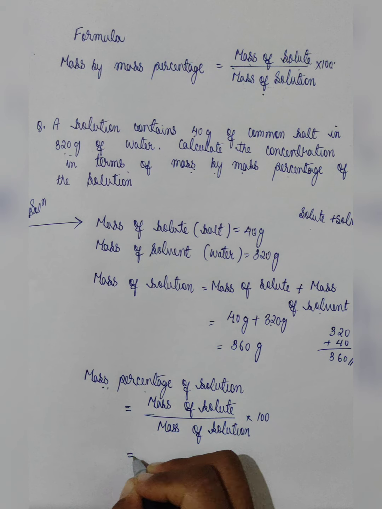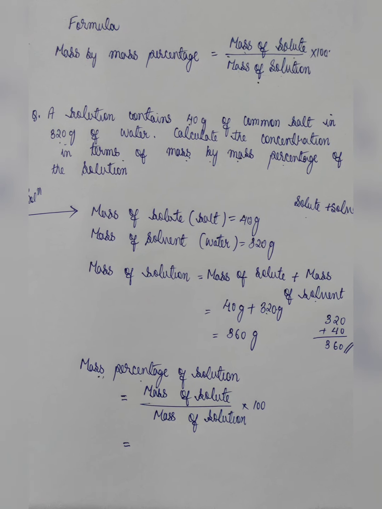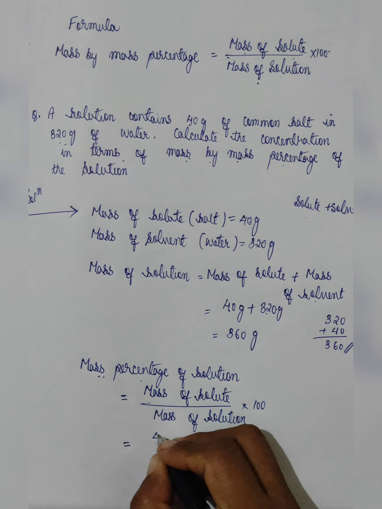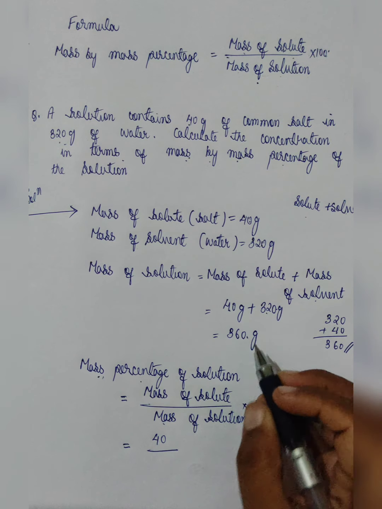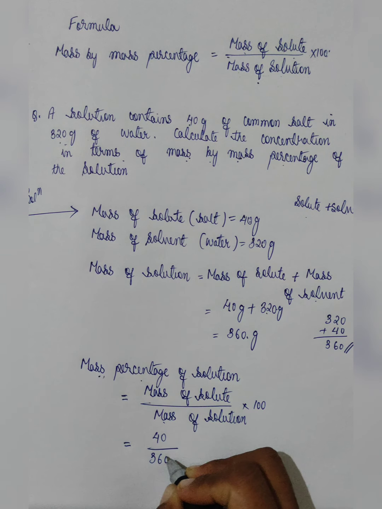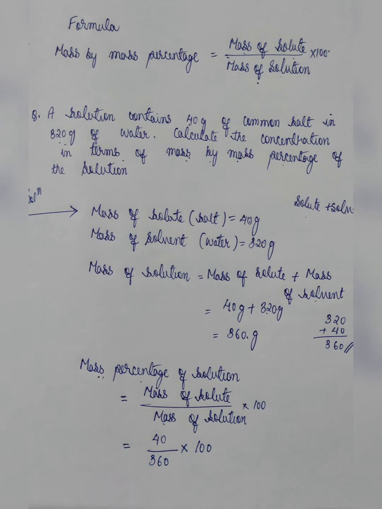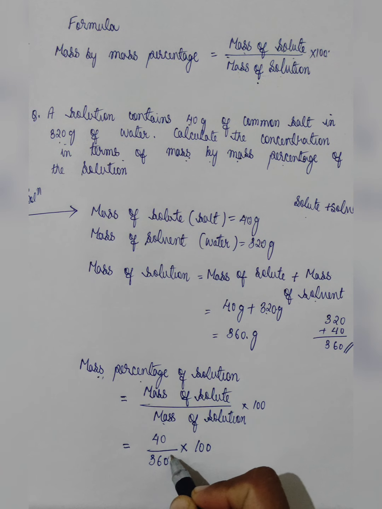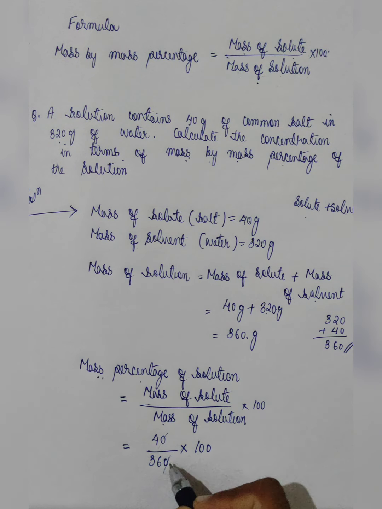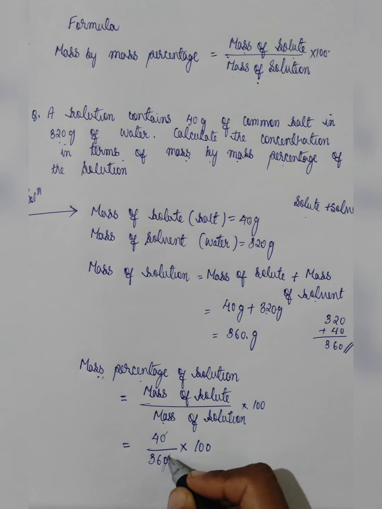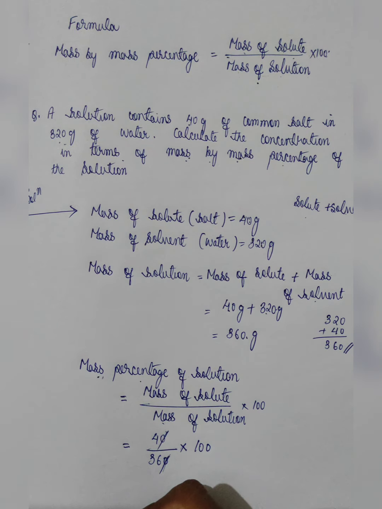Now here we already have the values. Mass of solute 40. Mass of solution we just calculated, 360, into 100. Since you will not be using a calculator, you have to do it manually. You can either cross the zeros in this format or you can do it in this format. It's all up to you. So 0 0 cancelled.